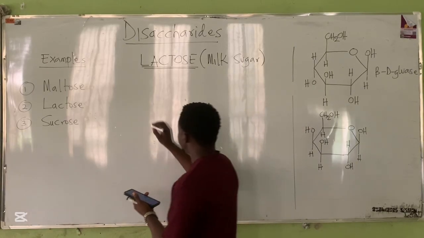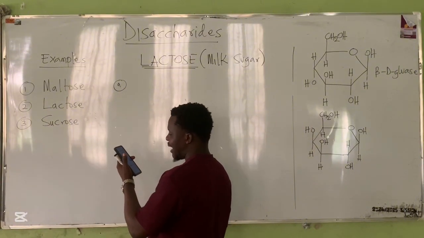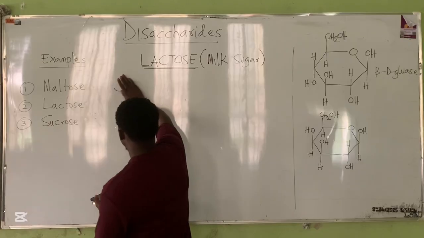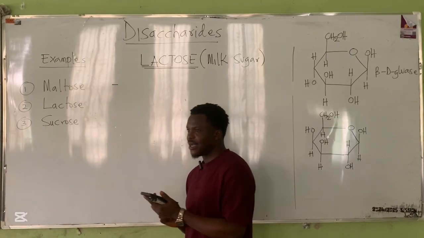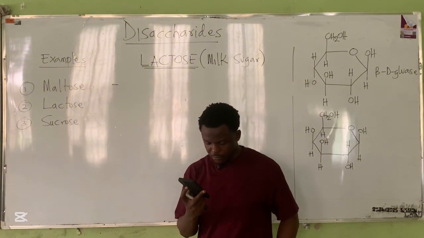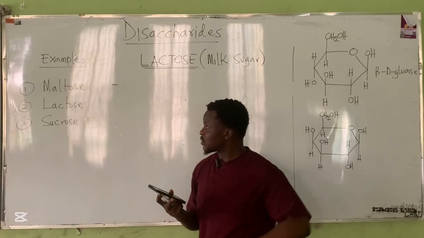Now, the first thing is that, please put down, lactose is the sugar found in milk. Let's take it line by line. Lactose is the sugar found in milk. Full stop. Number 2.